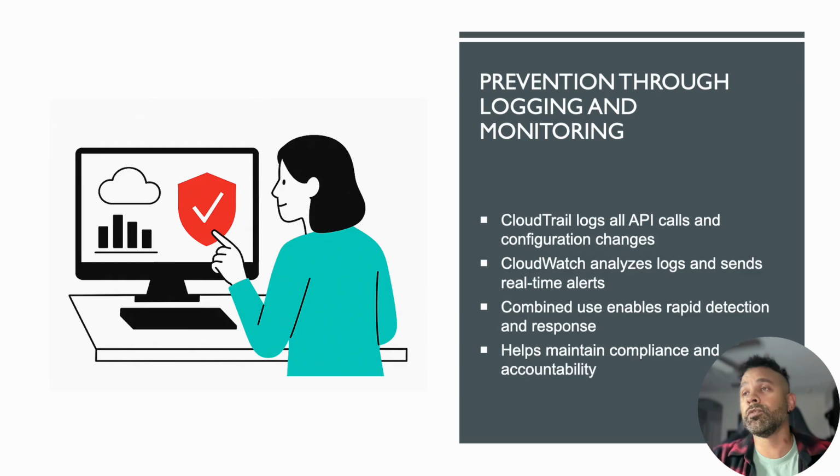What did we do as a result? We implemented CloudWatch and CloudTrail. What are these tools? Amazing tools from AWS. CloudTrail is like a security camera. It watches everything and logs all API calls and configuration changes, any kind of activity that happens in the cloud. You can configure it however you want. CloudWatch, on the other hand, goes along with it. It's like the alarm, the trigger.